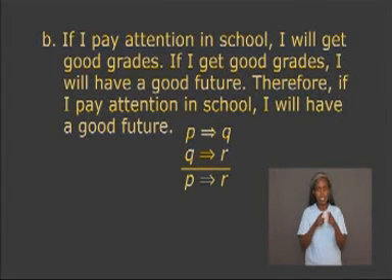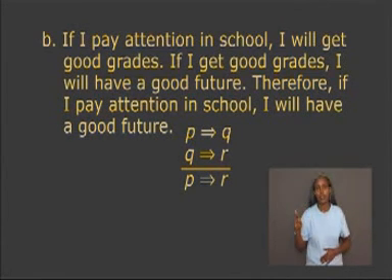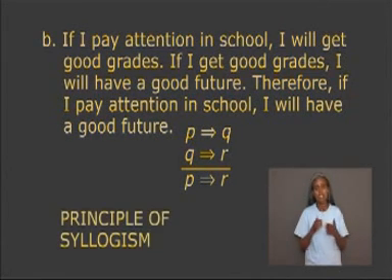The second argument states that if P is equal to Q and Q is equal to R, then P is equal to R. This is the principle of syllogism.